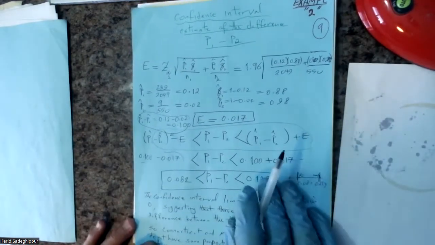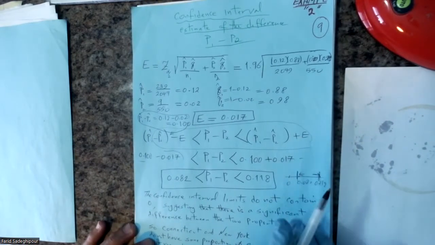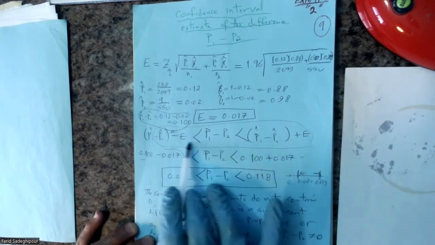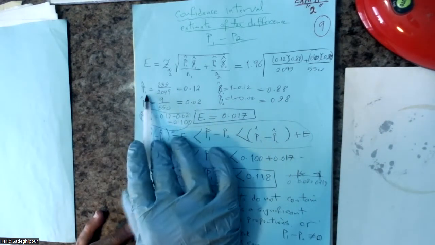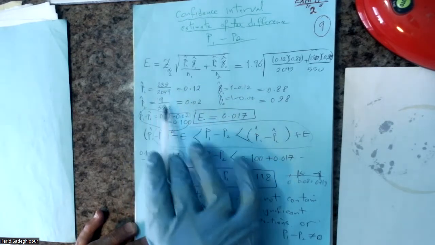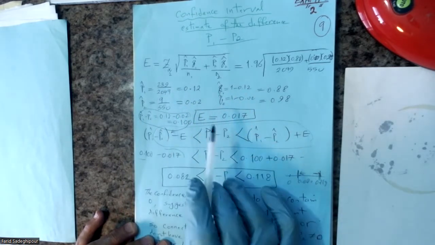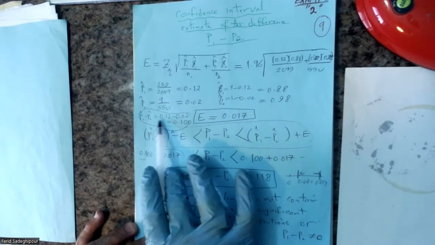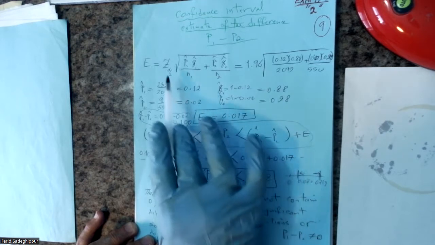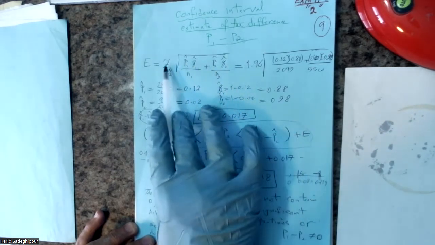Now, for the same problem, we also want to find the confidence interval. The confidence interval is from this formula. P1 hat, we calculate that. P2 hat for each state. And then the difference. Margin of error is 1.96 times the standard error.